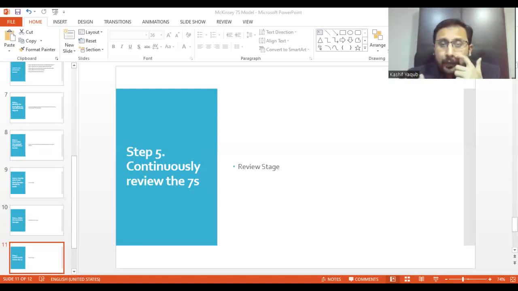They are not constant. A change in one element always has effects on other elements and requires implementing a new organizational design. So continuous review of each area is very, very important.